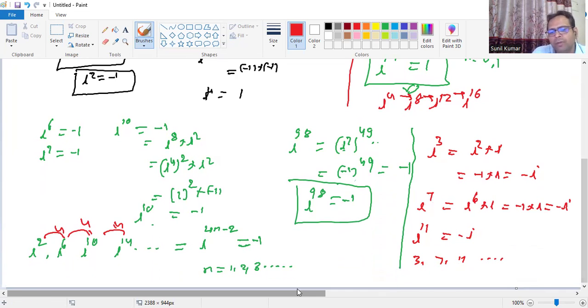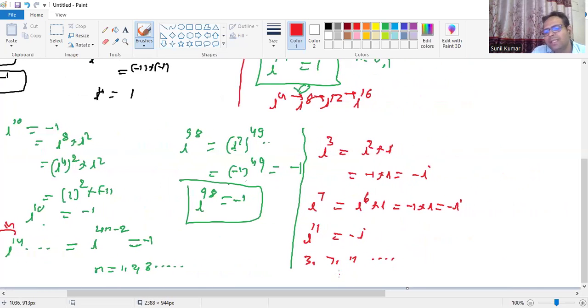So if you use the series concept here, if you want to find the general form for getting minus i, we can write it in a very simple way. i to the power, the first term we have is a, we can say 3, and the difference is 4.